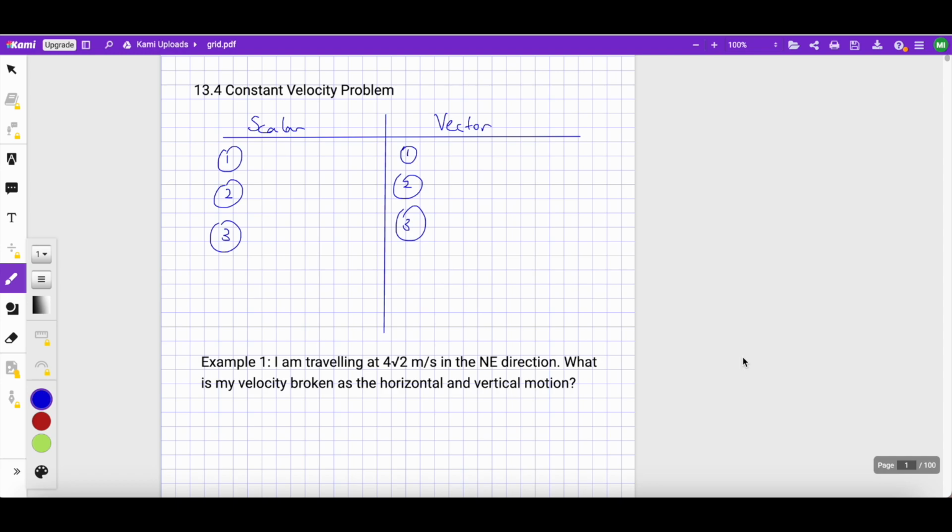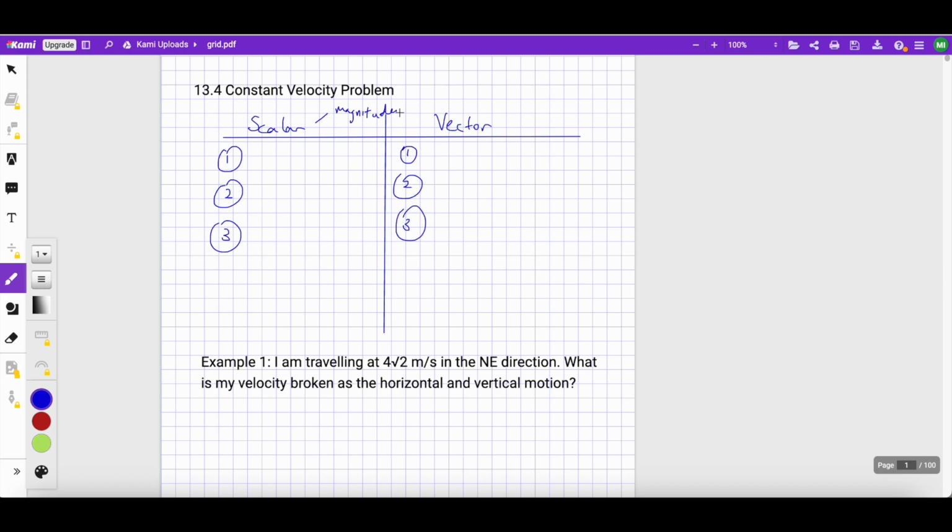Alright, so let's start off with the most fundamental part of constant velocity problems. In general, we want to identify a certain quantity as either scalar or vector. Scalar basically means that the quantity has only magnitude.